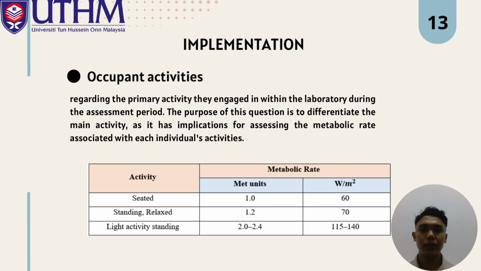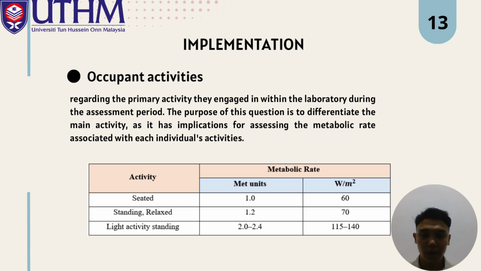This is the last part of the survey, which is the occupant activities. It asks about the primary activity they engage in within the lab during the assessment period. The purpose of this question is to differentiate the main activity, as it has implications for assessing the metabolic rate associated with each individual activity.